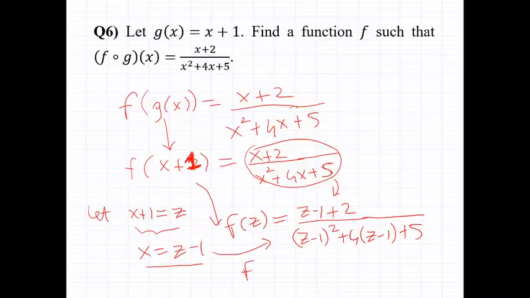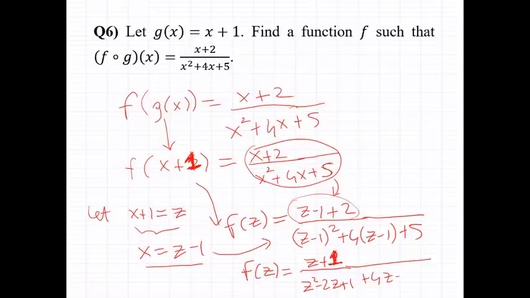Now this will be f of z is equal to z plus 1, sorry, divided by z squared minus 2z plus 1 plus 4z minus 4 plus 5. Then when you calculate this one, you will get f as this.